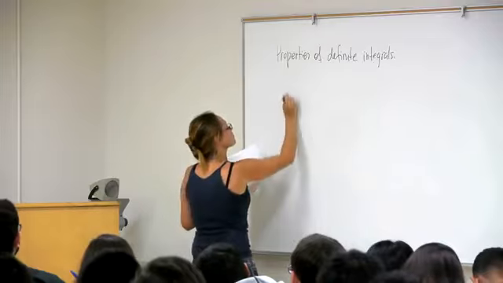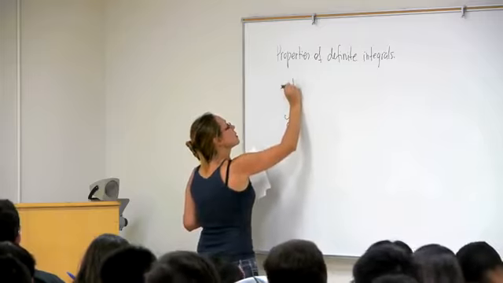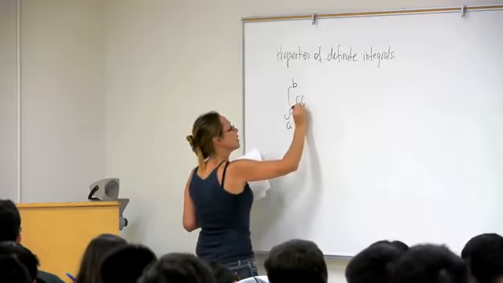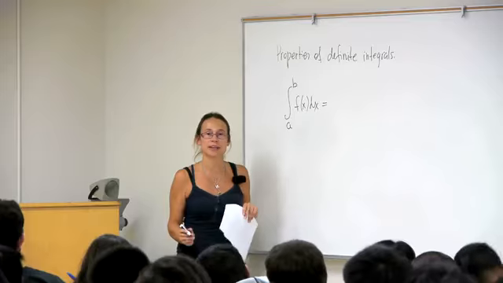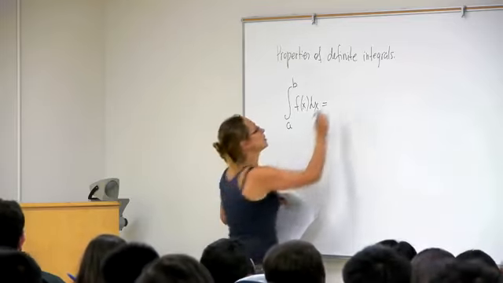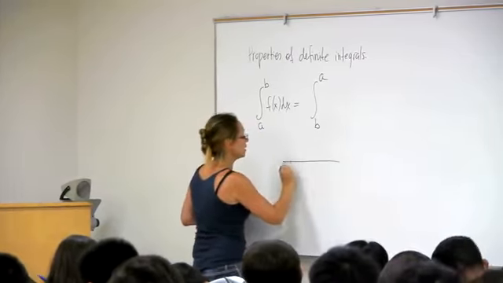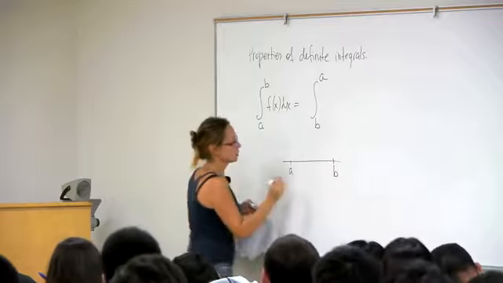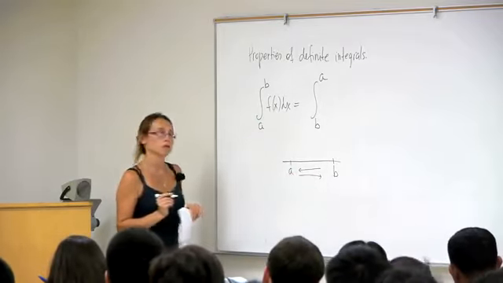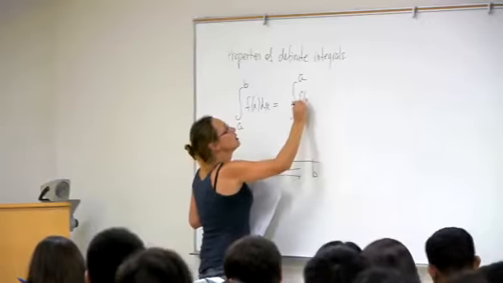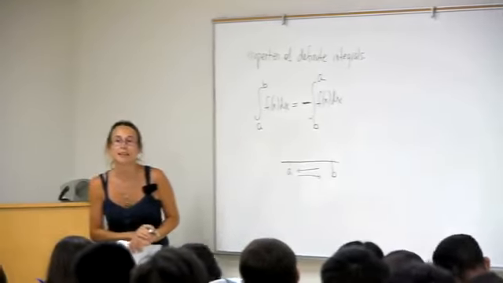So the first property, I write down here. The integral from a to b of f of x dx. The limits of integration, a and b, can be swapped. And we actually can go from b to a. So if a is less than b, we can go this way, or we can go the other way. But the corresponding integral acquires a negative sign.